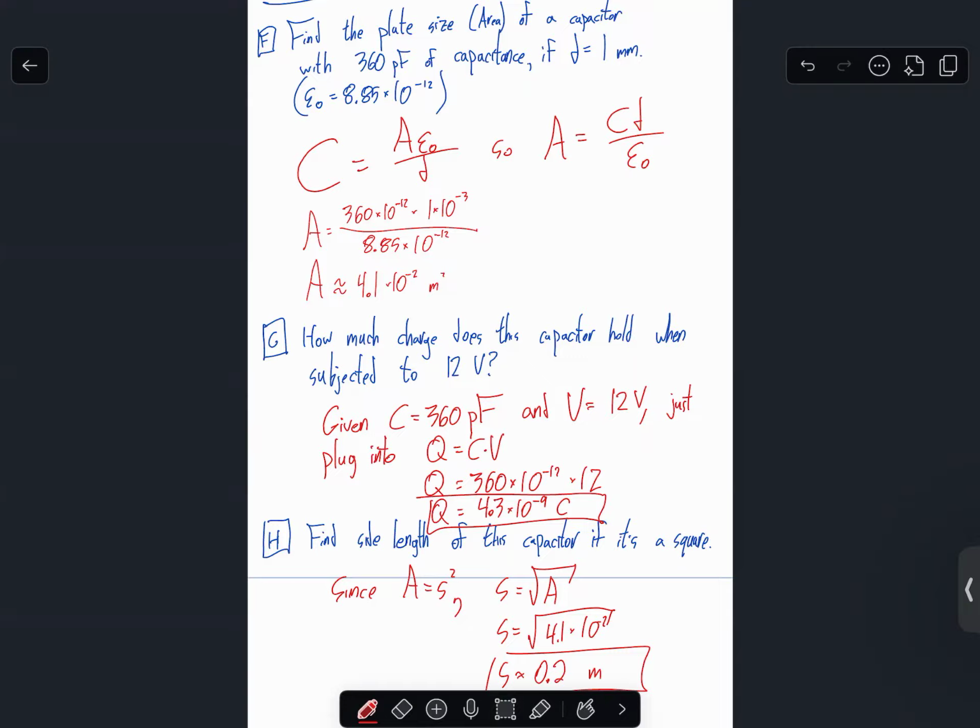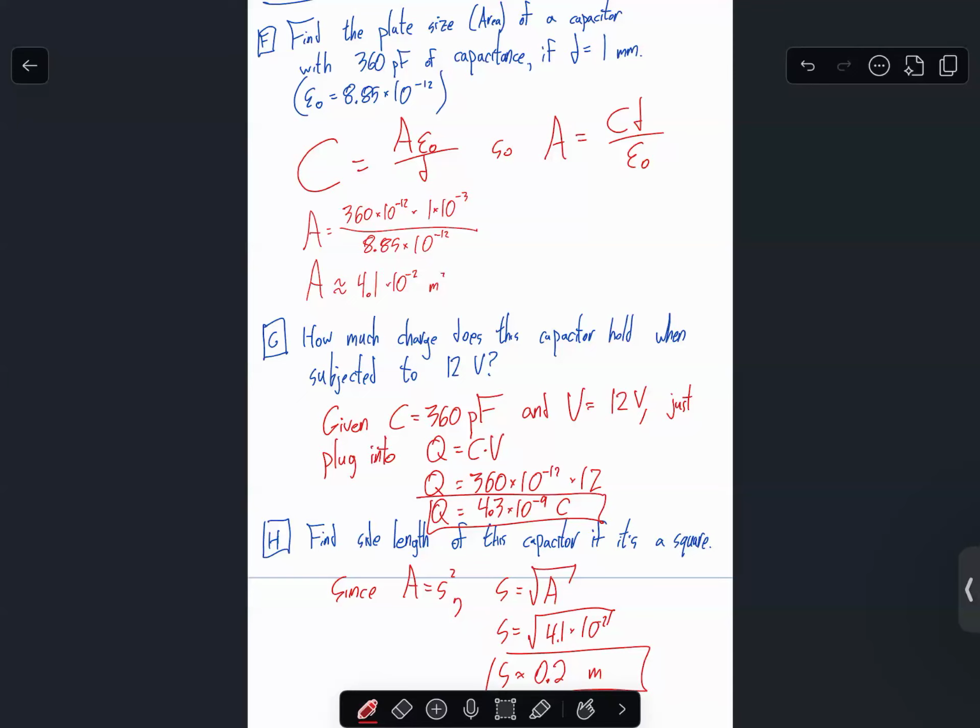I challenge you, we have an example of a given capacitor. It's a square of about 20 centimeters by 20 centimeters. The plate separation is, as I said, about 1 millimeter, 360 picofarads, 12 volts, 4.3 nanocoulombs of charge on it.